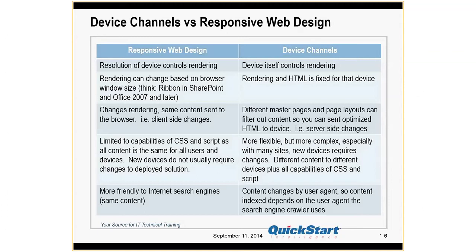So while the user may only see what might have only required 250 kilobytes of data transfer, when they load that page, it might actually transfer 5 megabytes of content. With device channels, because you can change the content based on the device, you might only send down that 250 kilobytes of content rather than the 5 megabytes. That's one of the main ways device channels can be very, very useful and quite powerful.